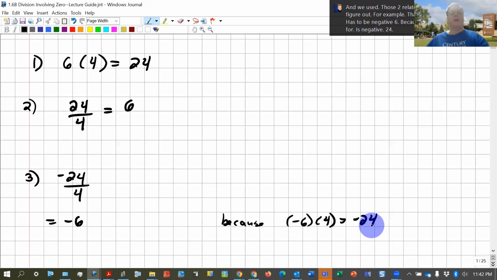So we're going to do the same kind of thing. We're going to use the number 0 in various places in these division problems.